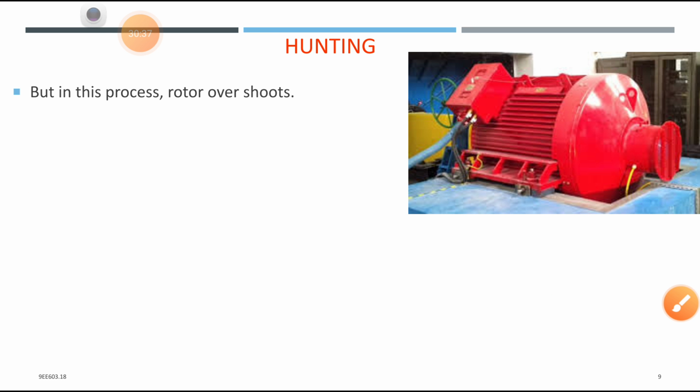But in this process, the rotor overshoots due to the inertia. You can observe the size of our synchronous motors. Due to the inertia, the rotor overshoots, whatever the load.